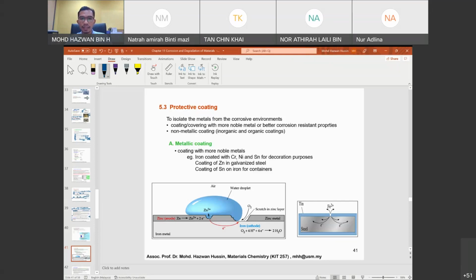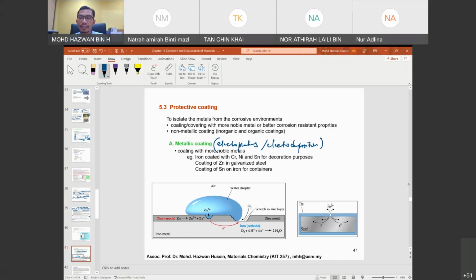So you have the first one, metallic coating. Metallic coating is one example of electroplating, or electrodeposition. In this case, the metal will be coated with another type of metal using an electrolysis process. You learn this in high school.